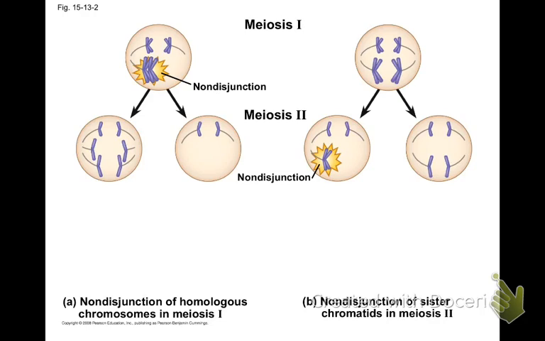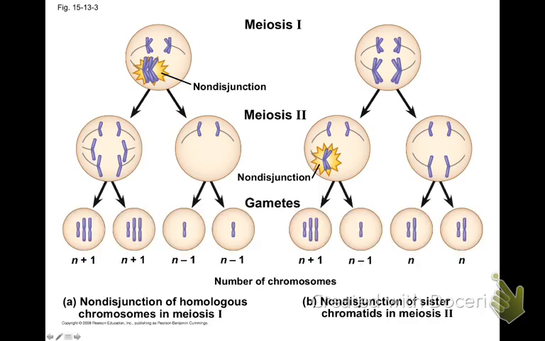So you ended up having one cell which, instead of having 2 copies of 2 chromosomes, has 2 copies of 3 chromosomes, and in this case it has 2 copies of 1 chromosome.